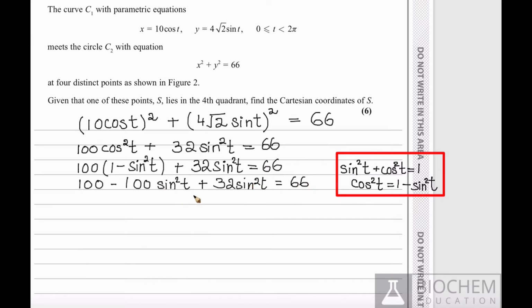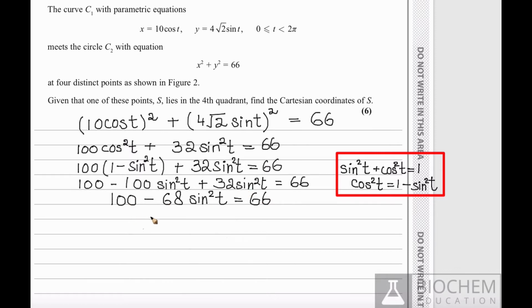As these are like terms, we can write this as 100 minus 68 sine squared t equals 66.